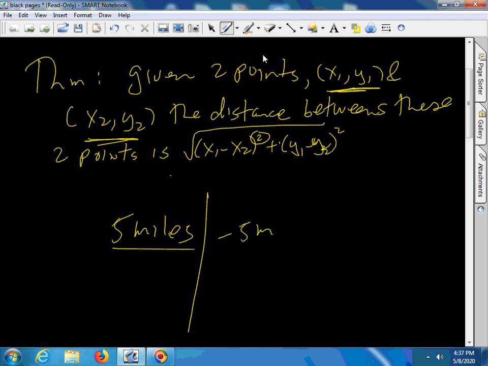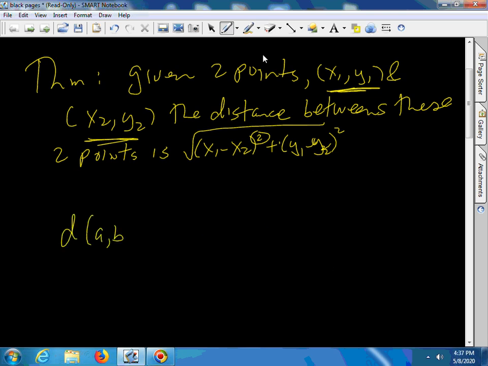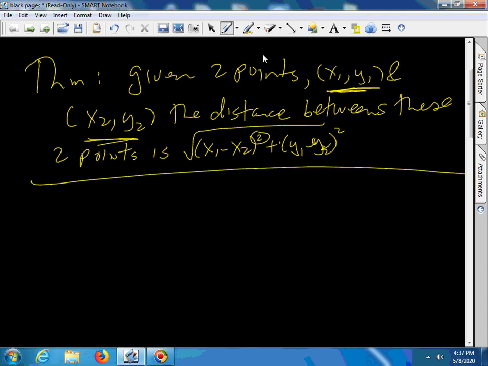You're not going to say negative 5 miles, okay? You're going to say 5 miles. That is, the distance from A to B, to make any kind of sense, must be the distance from B to A. It just has to be. Okay, so let us prove this.